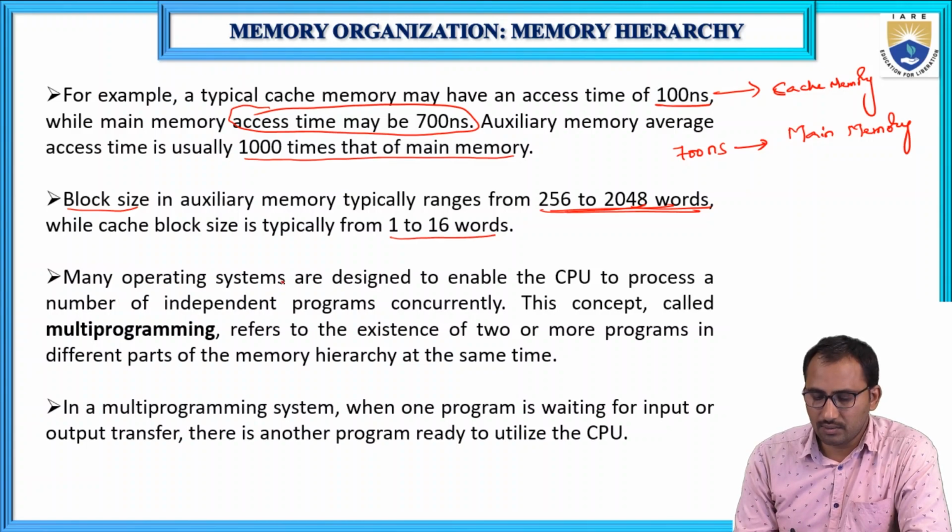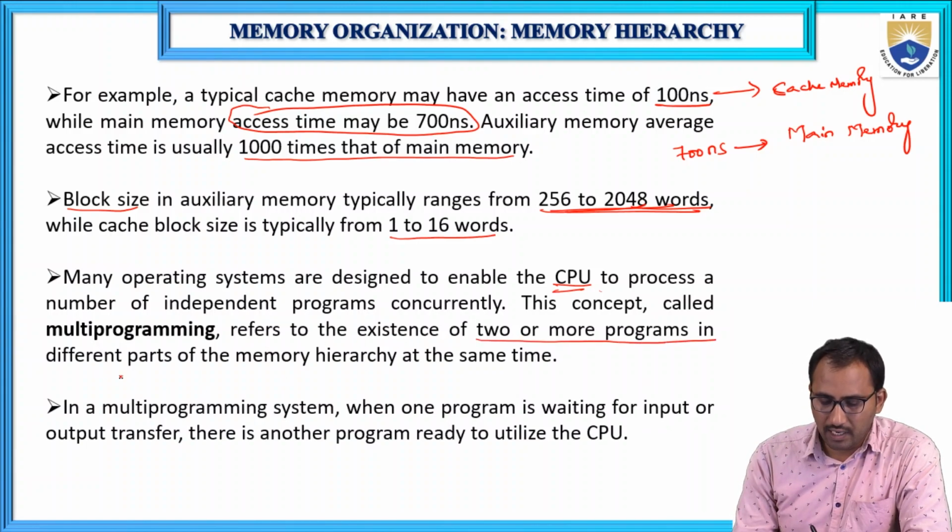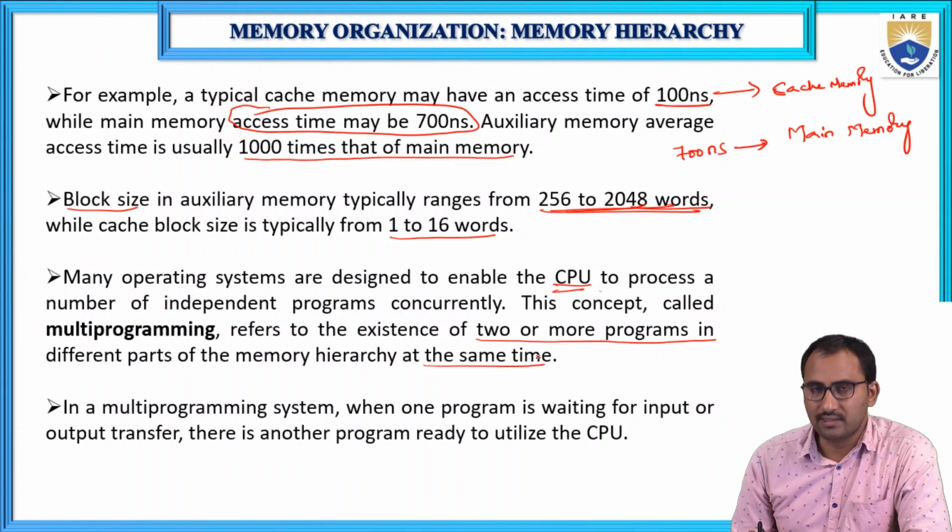Many operating systems are designed to enable the CPU to process a number of independent programs concurrently. With the CPU, we can perform multiple tasks simultaneously. That is called multi-programming. It refers to the existence of two or more programs in different parts of the memory hierarchy at the same time.